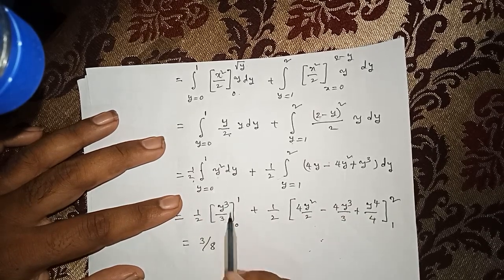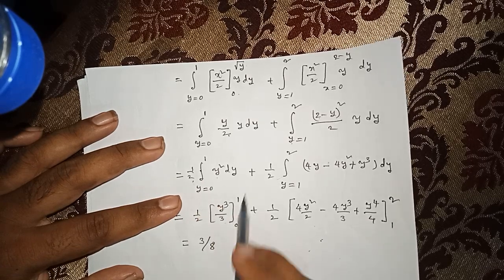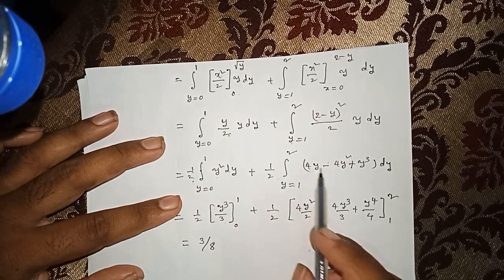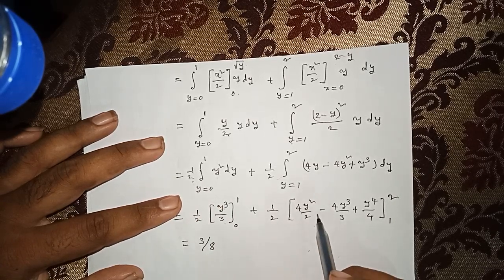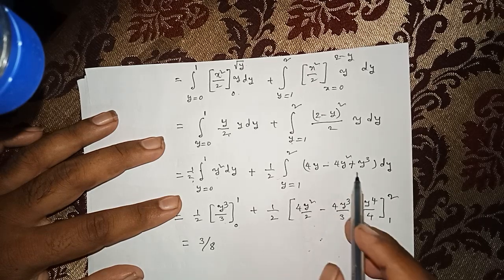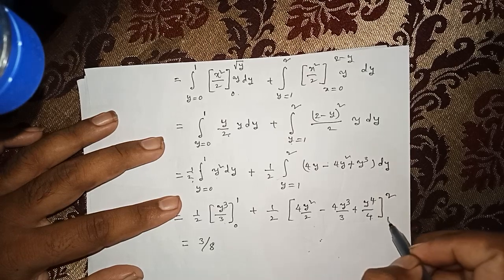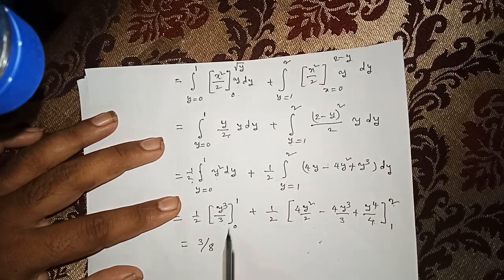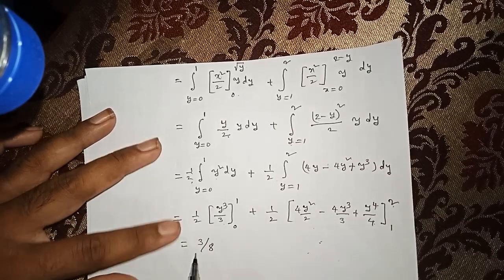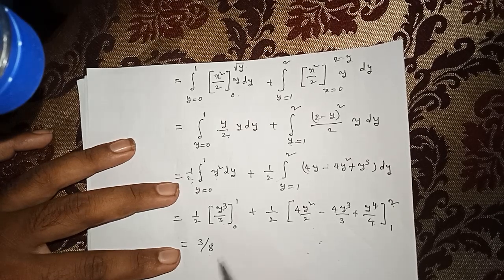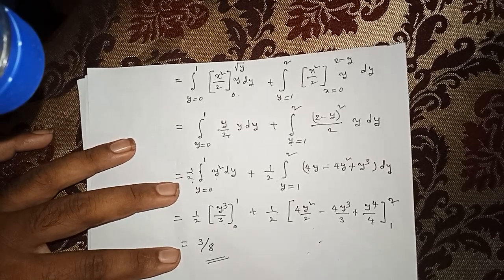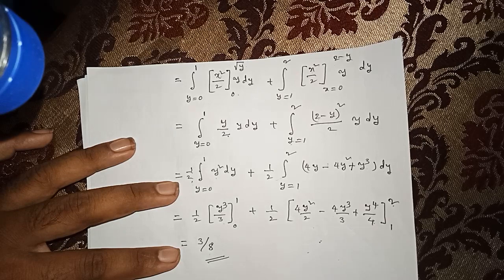The integral of y square is y cube by 3 with the limit 0 to 1. The integral of 4y is 4 into y square by 2, minus 4 into y cube by 3, plus the integral of y cube, y power 4 by 4, with the limits 1 to 2. After applying the upper limit and lower limit, we get 3 by 8. 3 by 8 is the answer.